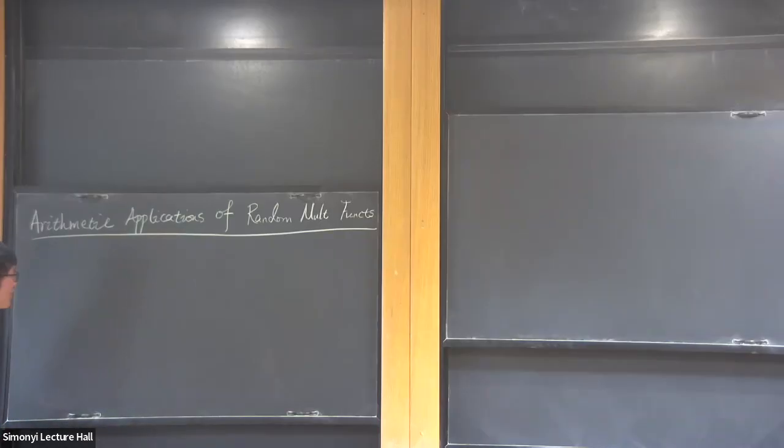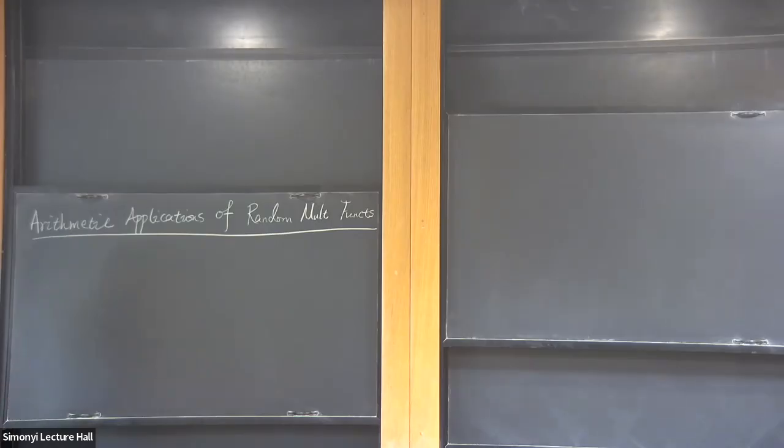Today I will focus on arithmetic applications of something called random multiplicative functions. I think there have been at least two talks on random multiplicative functions at IAS, both given by R. M. Harper. One was during the pandemic, so it was online, and another was at Peter's birthday conference, but he was also giving the talk online.